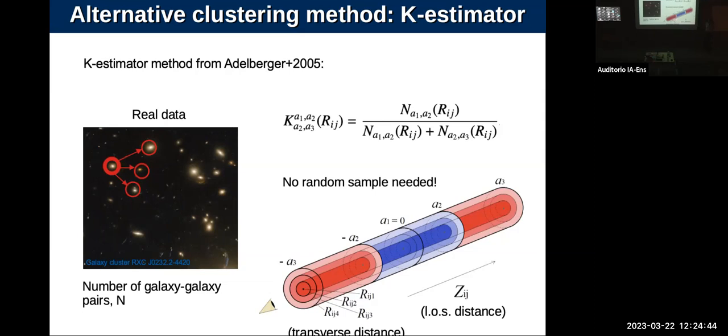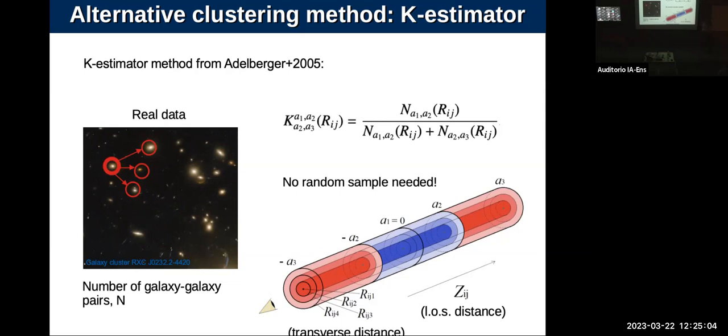Then I do the same going into larger cylinders. I go to the second transverse distance bin, and this means that first I count the pairs of galaxies that fall within this second blue cylinder, our numerator, and compare that to the total number of galaxy pairs within the second cylinder, our denominator.